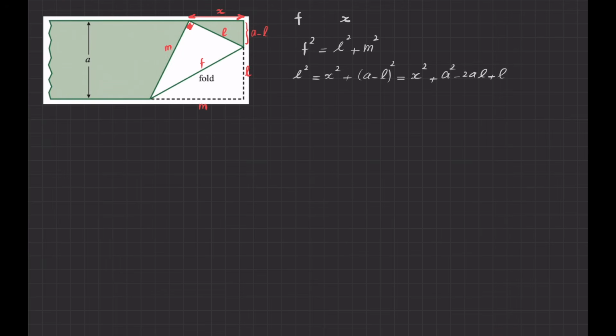Oh, sorry, I forgot to put the 2 here. So that is L squared, and that is L squared. They are cancelled. And I move 2aL to the left. So this becomes 2aL is equal to x squared plus a squared, and I am looking for L. So L becomes (x squared plus a squared) over 2a. And that is good because I was able to express my L in terms of x.